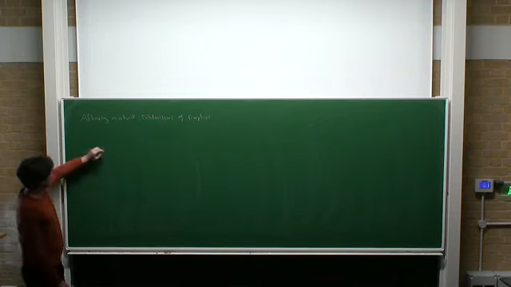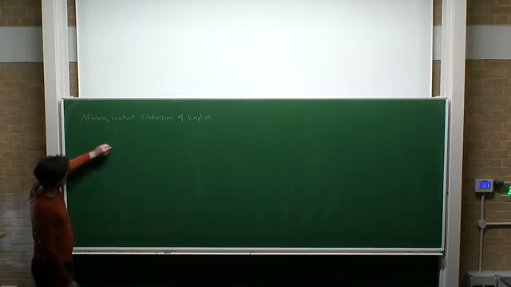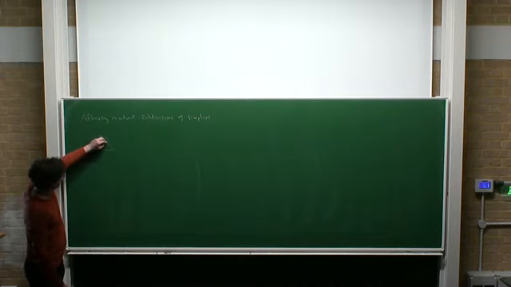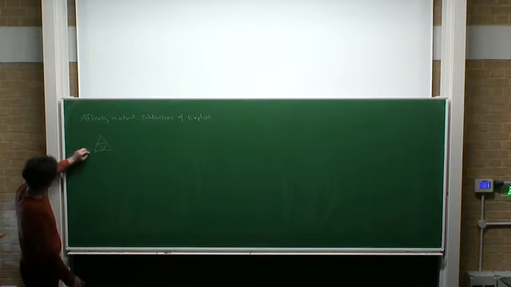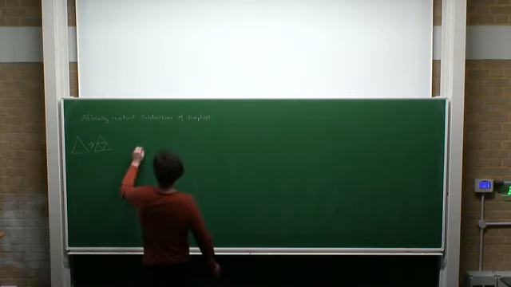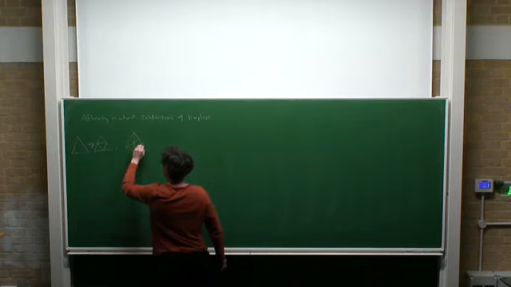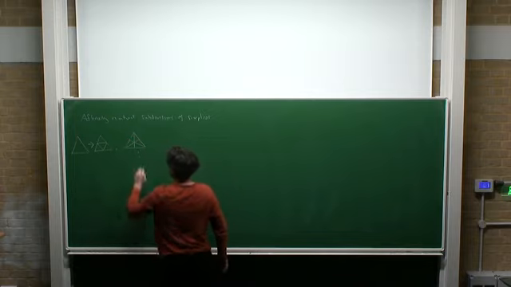So if you have an equilateral triangle, there's two natural ways to subdivide it. You can do something like that, or this.